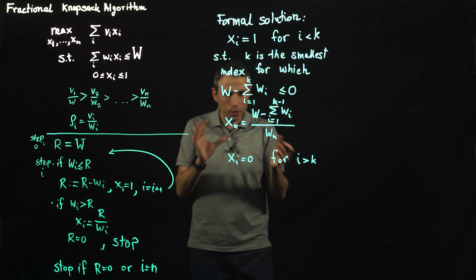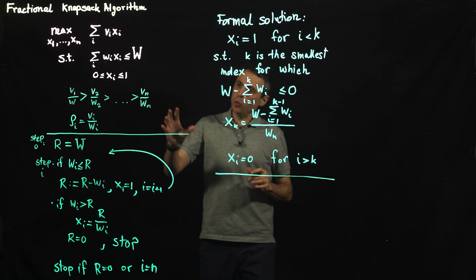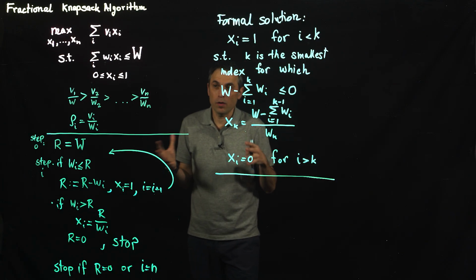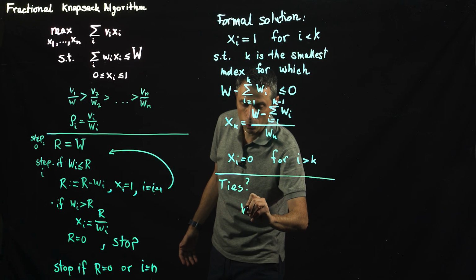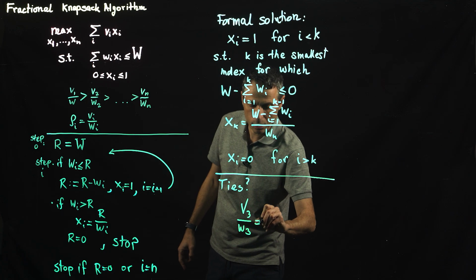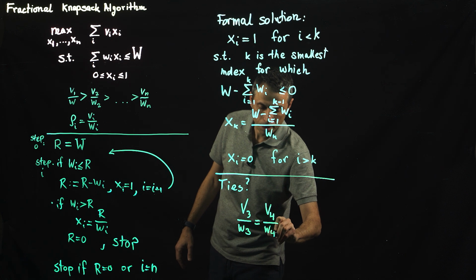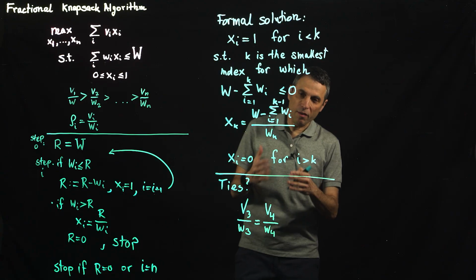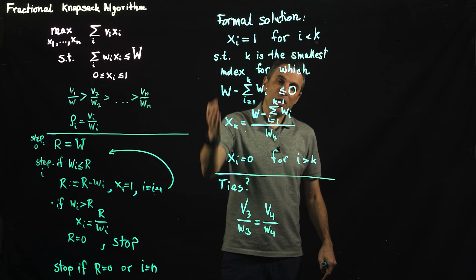Now, there are two things that I want to say before finishing here. We used strict inequalities. What if there are ties? What do we do if V3 over W3 for some reason is equal to V4 over W4, so they have the same density? It's not very complicated to understand that if k is equal to 3, then we have no problem with it.